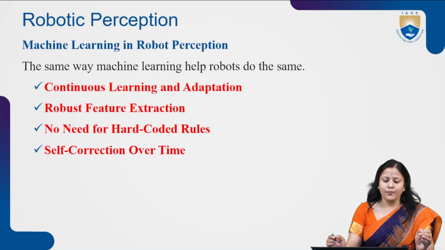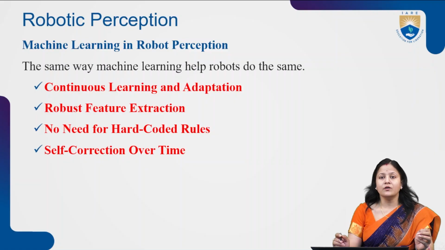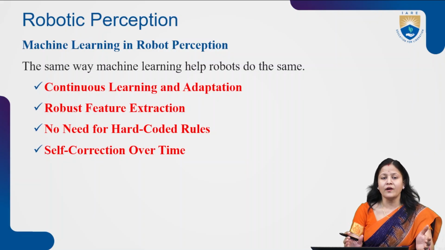In the same way, machine learning helps the robot continuously learn and adapt to dynamic situations. It offers robust feature extraction: it can extract the important features out of all the unnecessary features which are not required, and no hard coding is required.